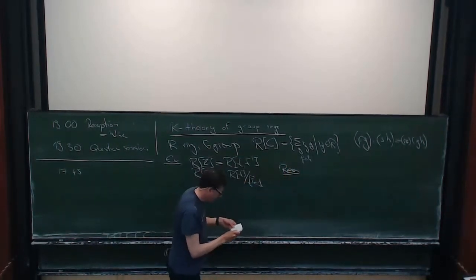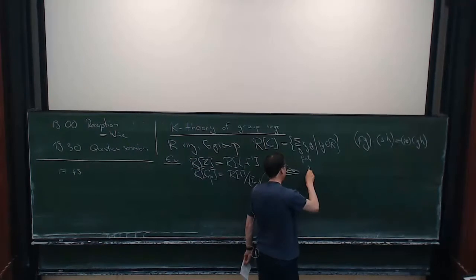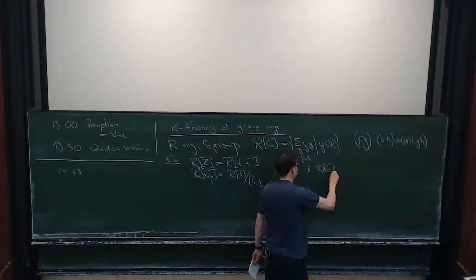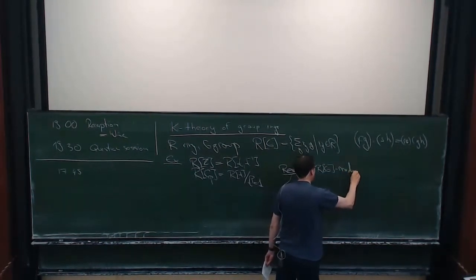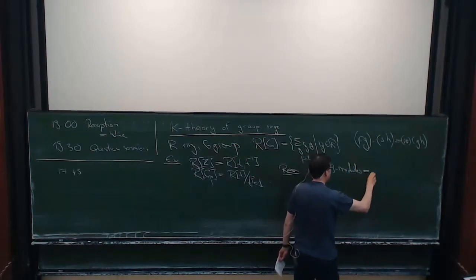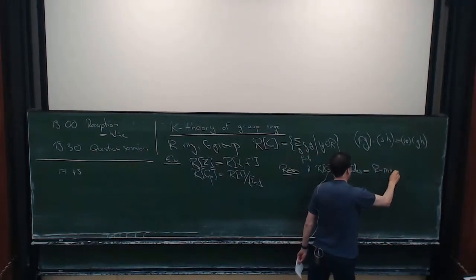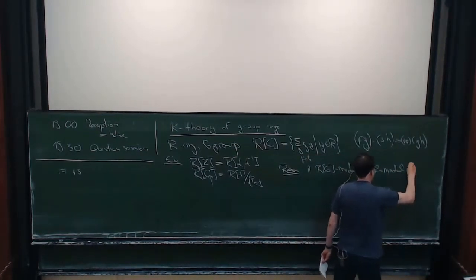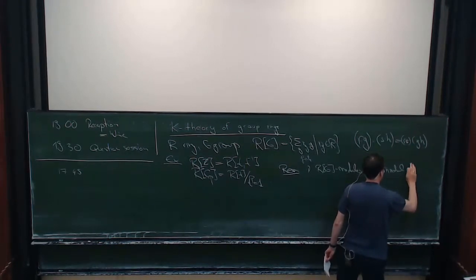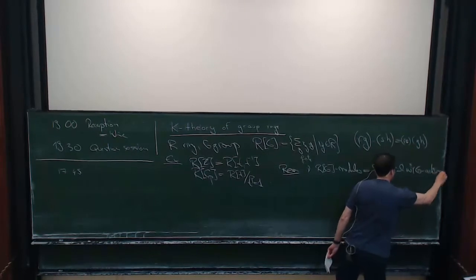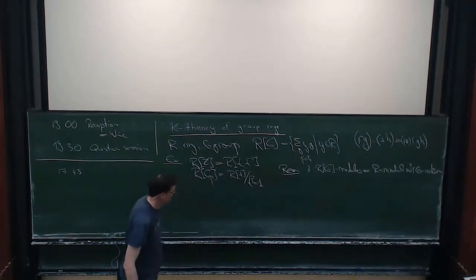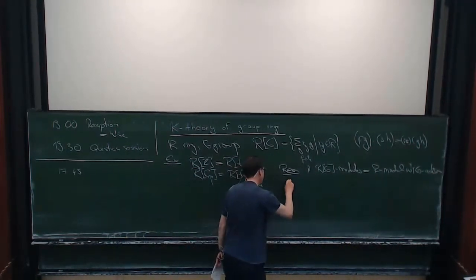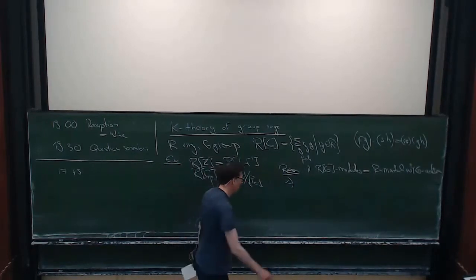So one reason we might be interested in the group ring is that an RG module is the same thing as an R module with a G action by R linear maps. Another reason we might care about this comes from topology.